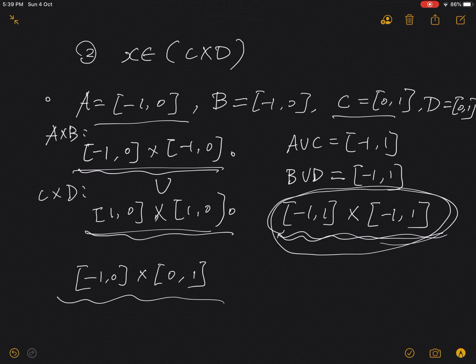For this case, it is not included in the Cartesian product of A and B or the Cartesian product of C and D.